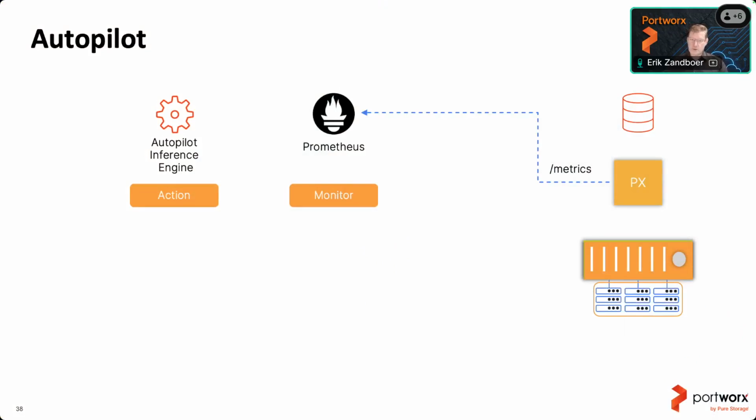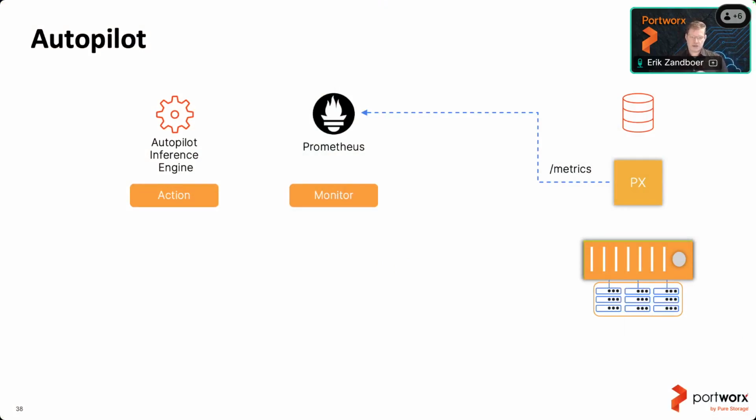In OpenShift, it wouldn't install Prometheus. It would just use the Prometheus that's already part of OpenShift. But in the end, you'd have Prometheus. And yes, we also have Grafana dashboards standing by. So you could just plug in the pre-built Grafana dashboards and look at it.